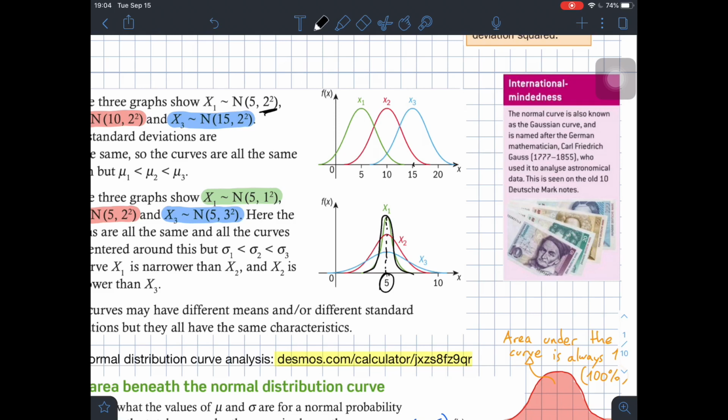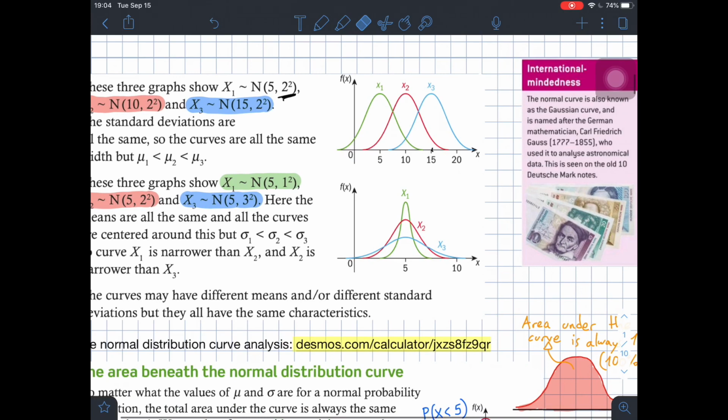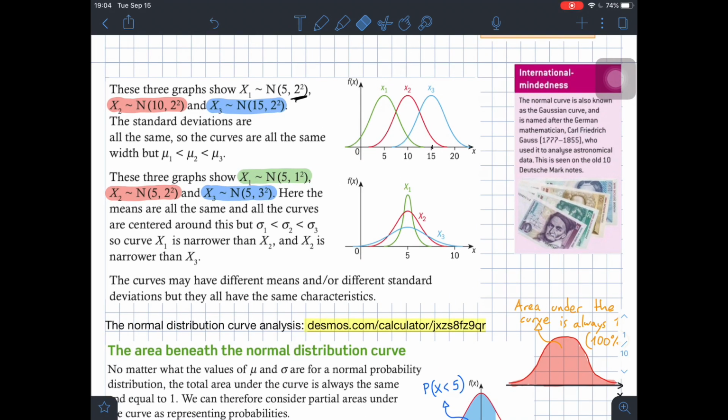Most of the information will be bunched up in the middle, right? While in this case, where the standard deviation is bigger, it's 3 times bigger than the green bell-shaped curve, we see that there is a lot of spread between the information, and because of that, the normal distribution is much wider than the green one, which is the narrowest.